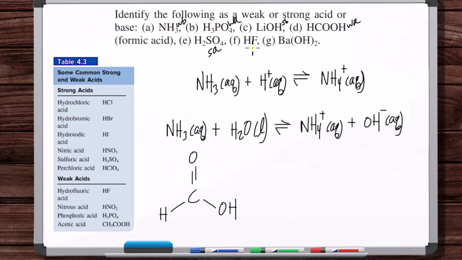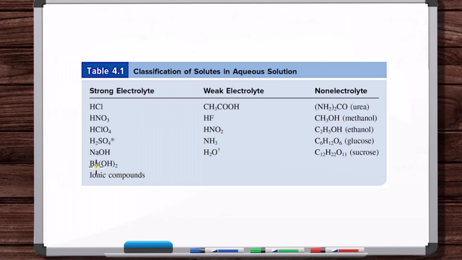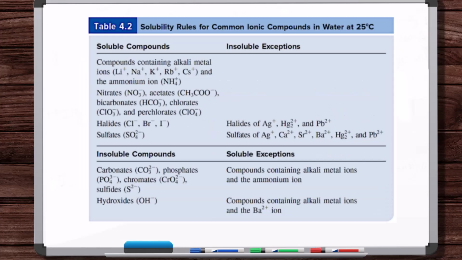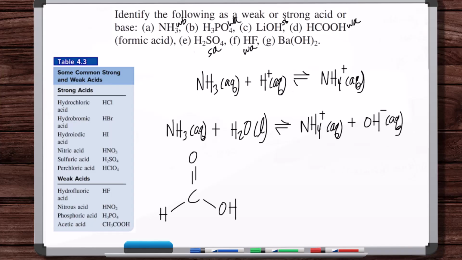Okay, HF, hydrofluoric acid, is a weak acid. All right, barium hydroxide, we can see here, it's listed as a strong electrolyte, and it's an ionic compound. It's also soluble. Hydroxides are insoluble, with Ba2 plus cation being one exception. So this is a strong base.